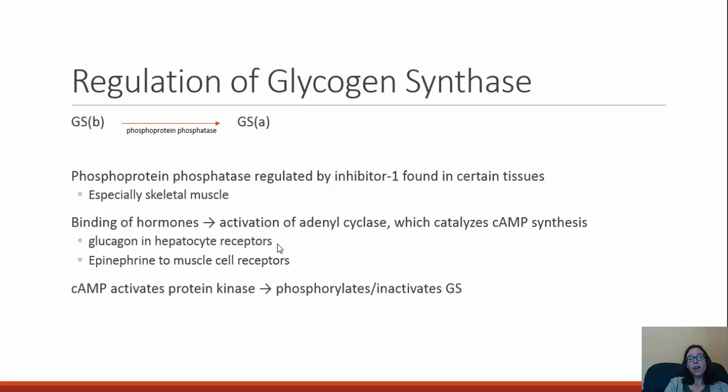And we see here that glucagon inhibits glycogen synthase. So that makes sense because if we have low glucose concentrations, we don't want to store the glucose we have. We want to have it be available for our energy. And same thing, epinephrine in the muscle cell receptors. So we think of epinephrine as a stress hormone. And when we have a stress hormone, we don't want to store up our glucose. Rather, we're kind of catabolizing and using it up.